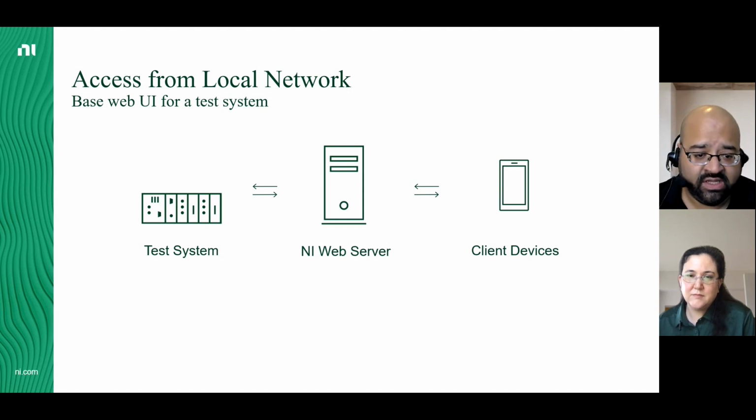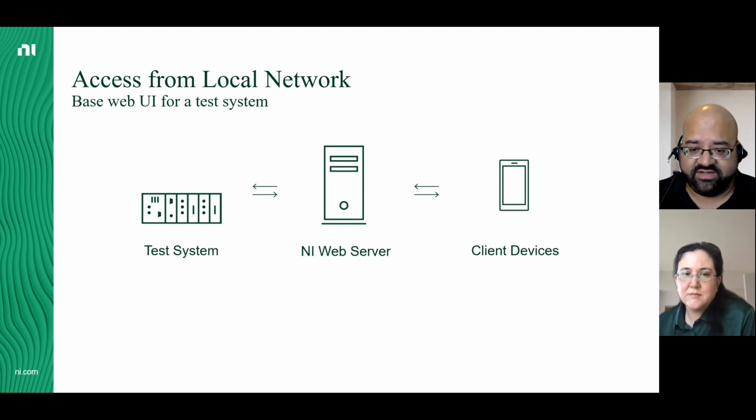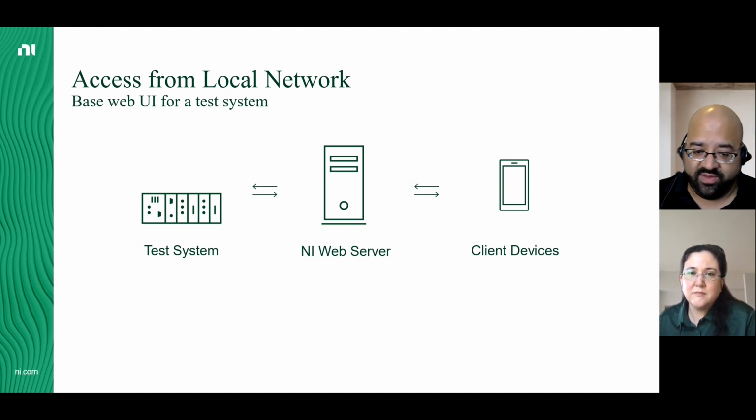It's not restricted there. So what we would do here is a very similar workflow. We'd create our WebVI in G Web development software, use the data service VIs on it, and modify our test system to read and write to the data services. The only change really is where you upload your WebVI.